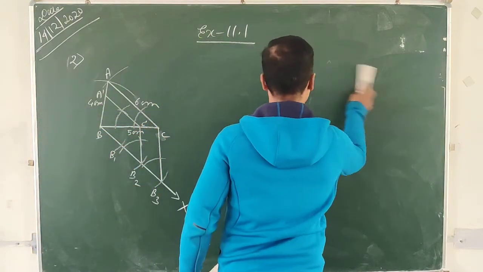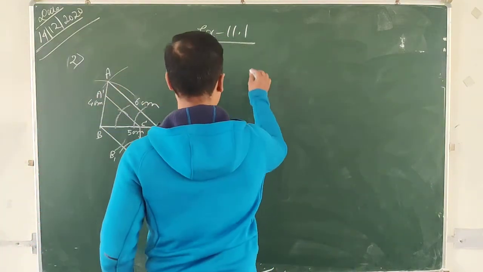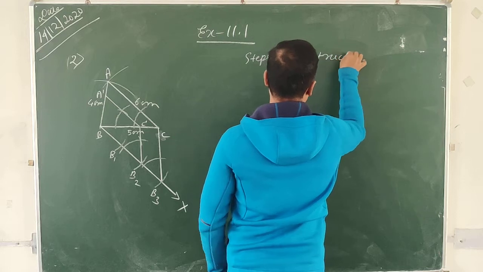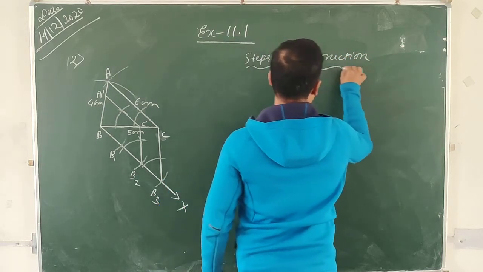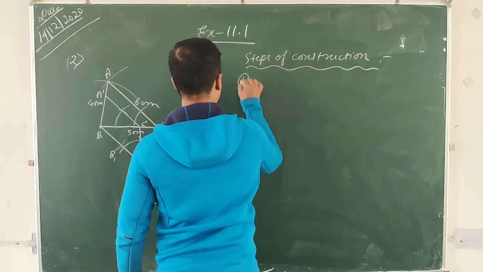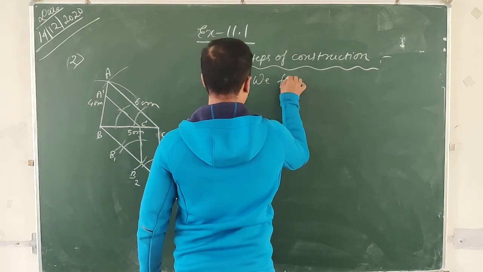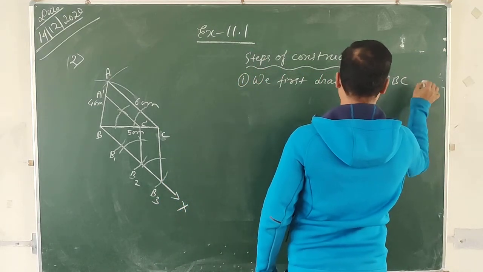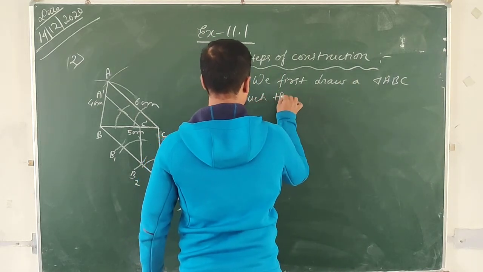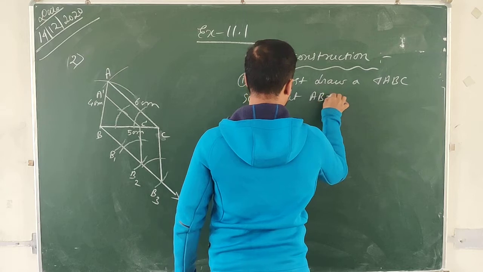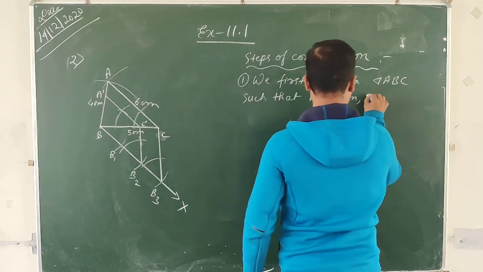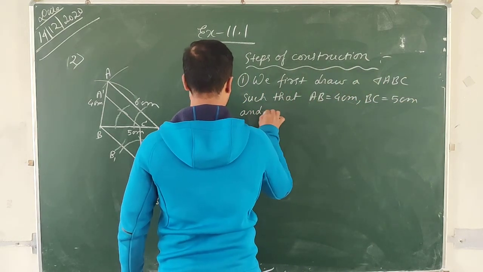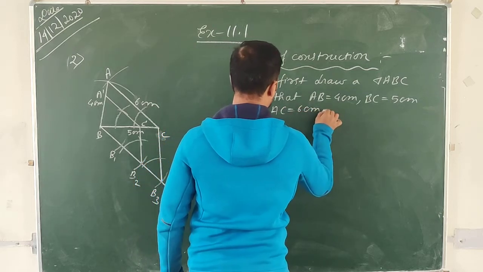Let us write the steps first. We first draw a triangle ABC such that AB is equal to 4 cm, BC is equal to 5 cm, and AC is equal to 6 cm.